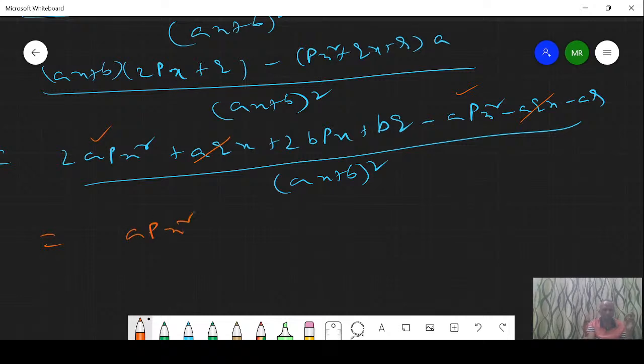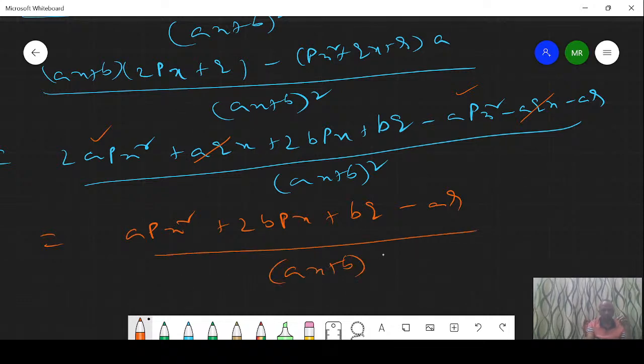So your answer will be apx square plus 2bpx plus bq minus ar, by (ax plus b) whole square.